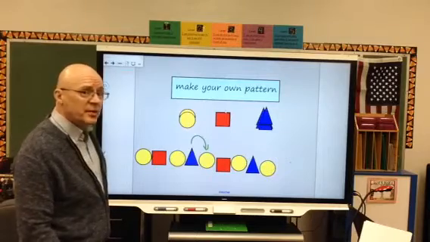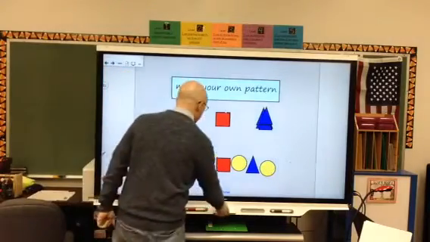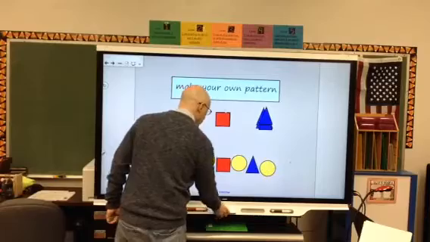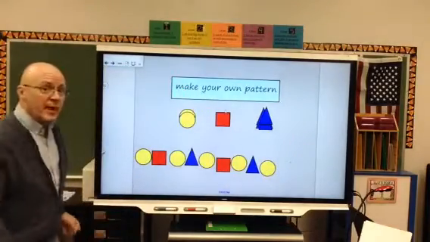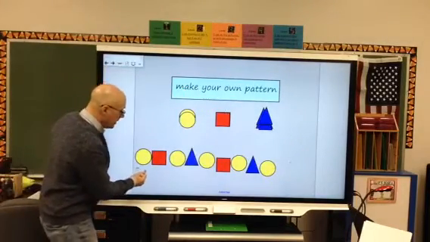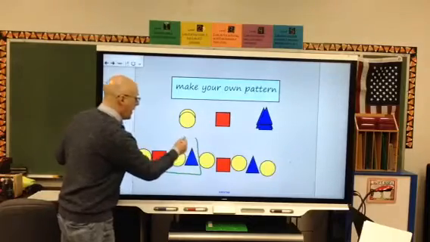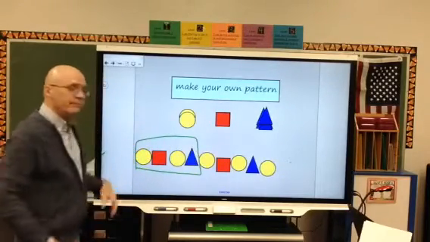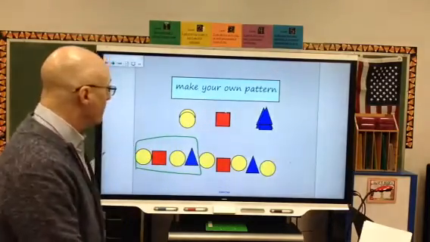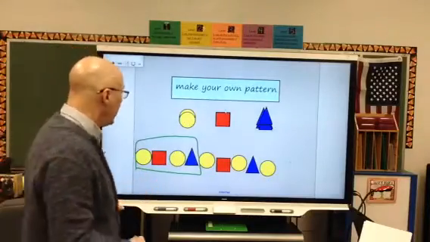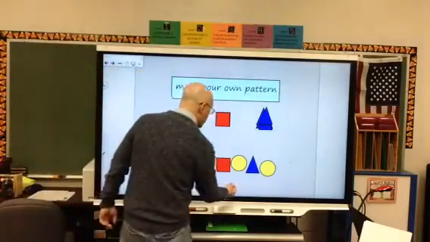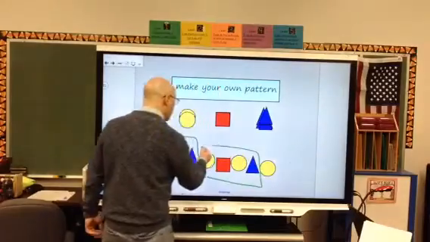Now this is where it gets tricky, isn't it? This is our pattern that repeats. Circle, square, circle, triangle. So we've got to be very careful, right? Here it is again: circle, square, circle, triangle.